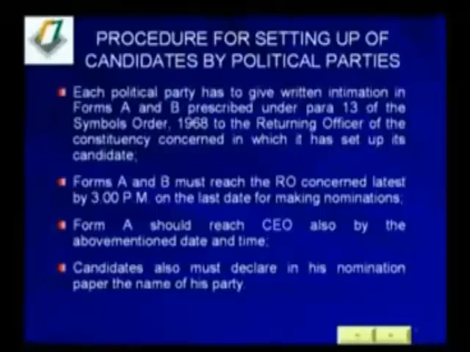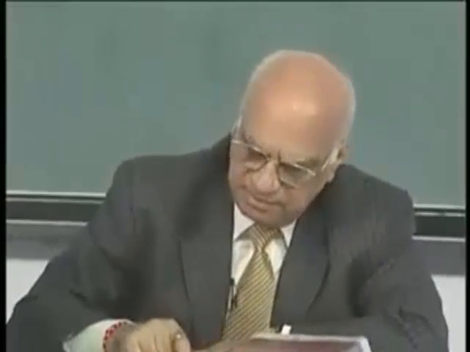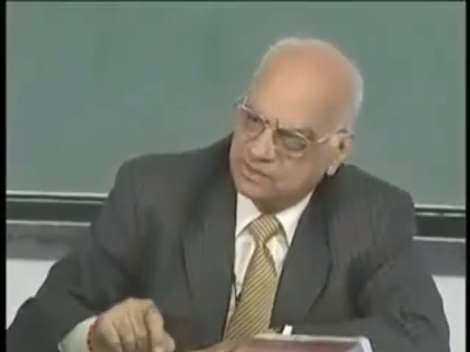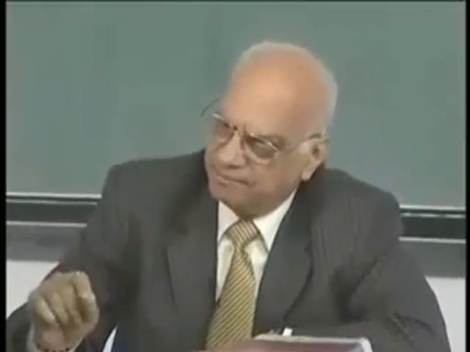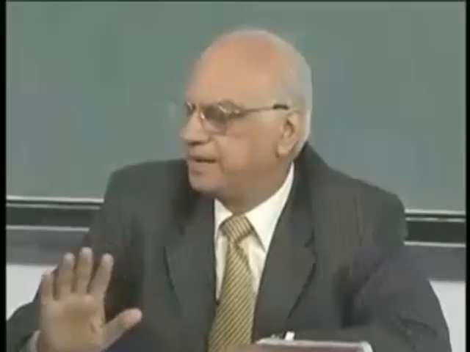So we have given a liberal construction to this: because the allotment and the scrutiny is to be made by the RO, if the RO has got Form A and B in time, then that will be taken as substantial compliance. So this is what you have to keep in mind while deciding whether a person has been rightly, validly set up by a party.